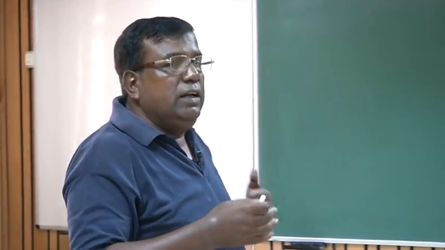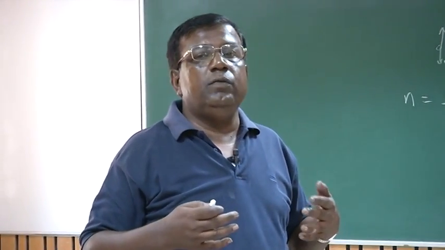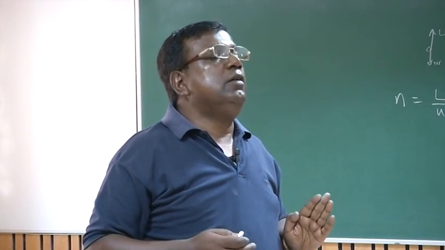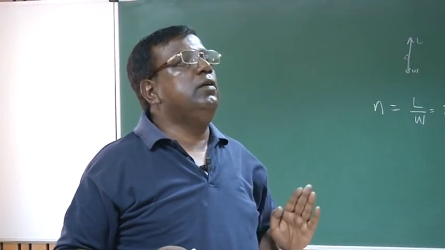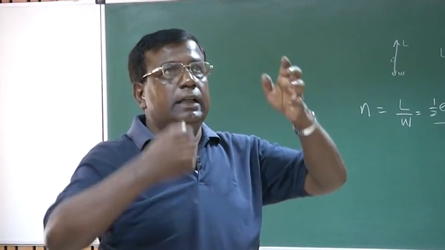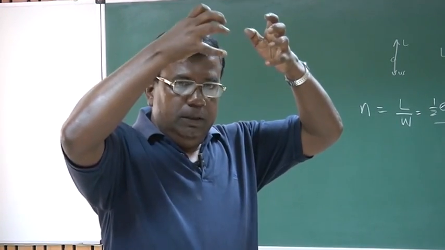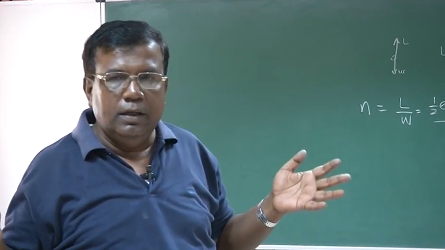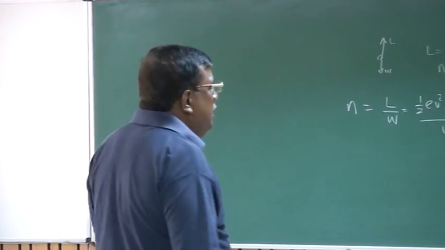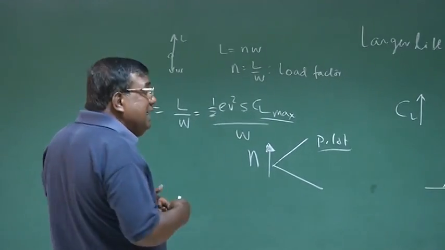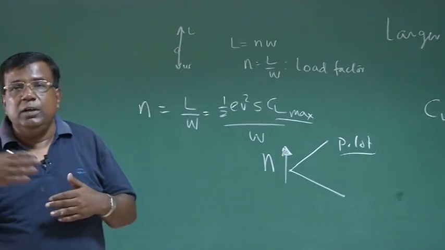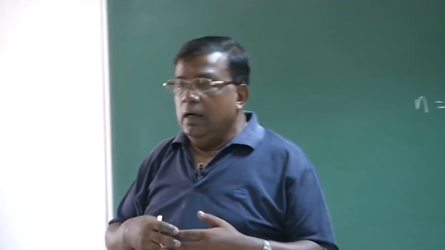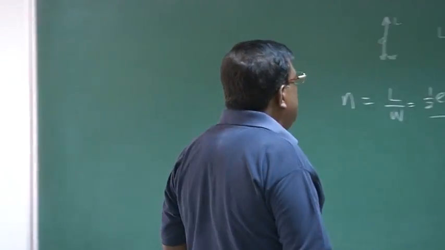So beyond a certain load factor, a normal human being will not be able to withstand it, because if I am going with a high G, high load factor vertically up, then the blood will try to come down because of inertia force, and I will see totally dizziness. Although trained pilots are there who can extend this limit of N, there is a limitation because of the human being. So that is one restriction.